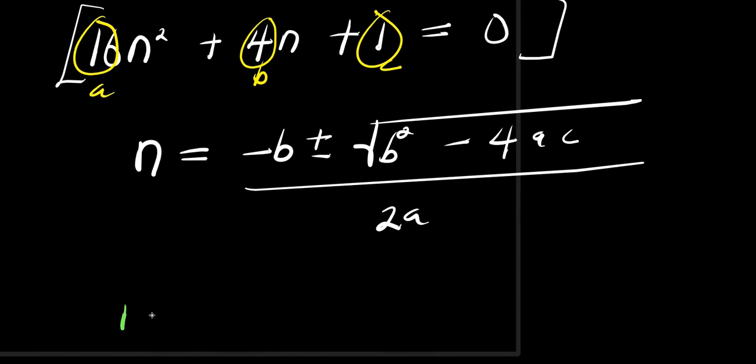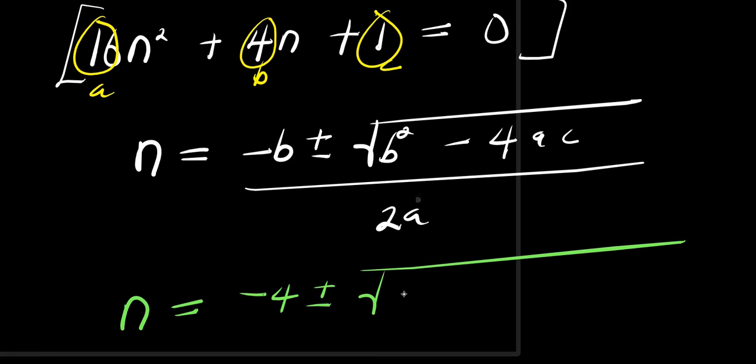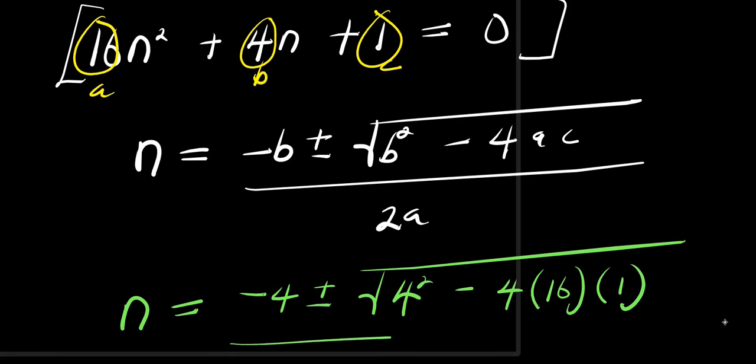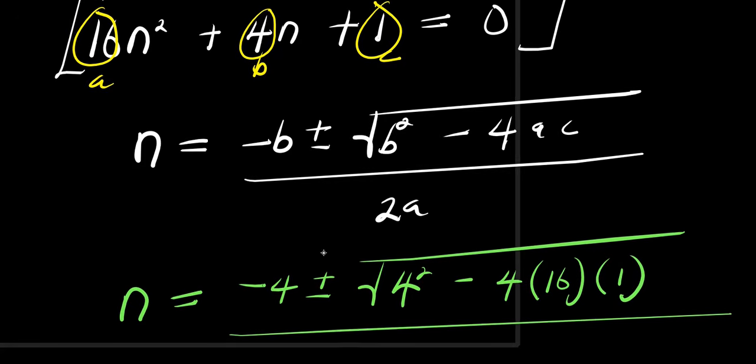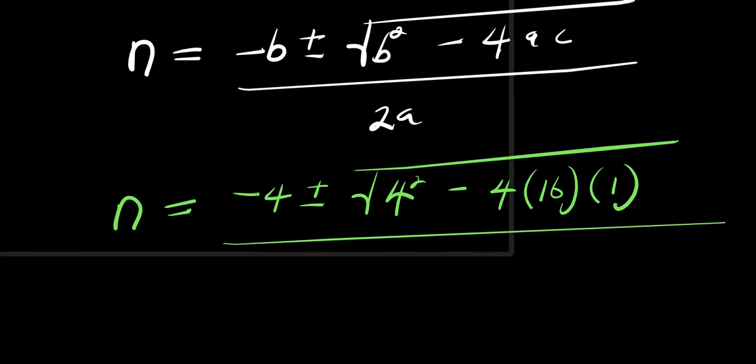So from here, I have n equals negative 4 plus or minus square root of 4 power 2 minus 4 times 16 times 1, divided by 2 times a, that is 2 times 16.